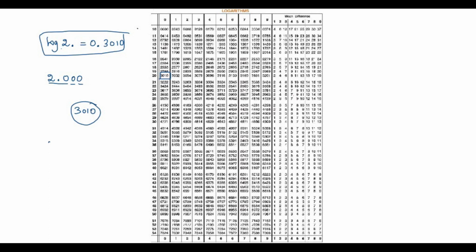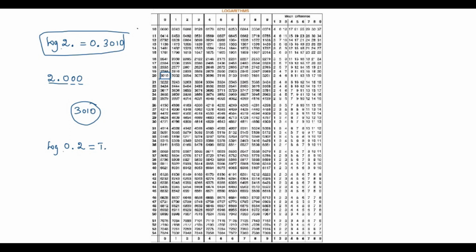Let's consider another example. What is the value of log 0.2? Here before the decimal point we have 0, that is, we don't have any digits before the decimal point, and after the decimal point there is the number 2. The first digit after the decimal point is a non-zero number, so I have to take bar 1 point. Now how do we find the value for 0.2 in the logarithm table?